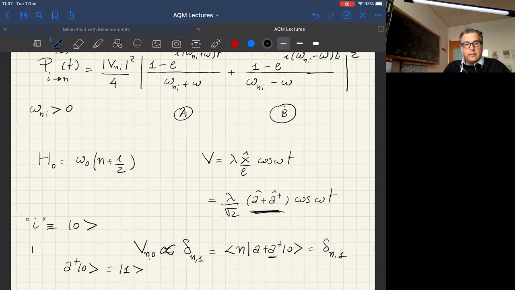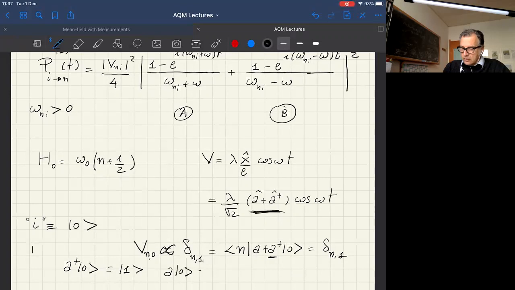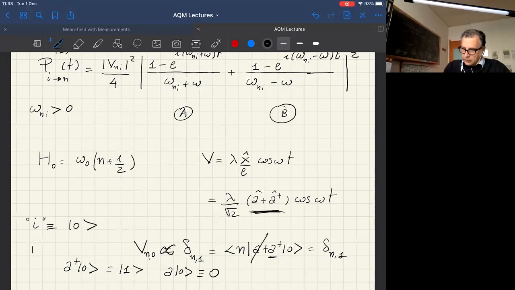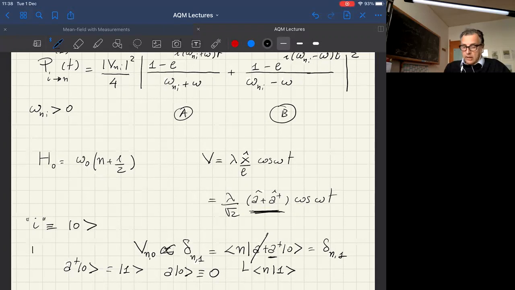So if you apply a creation operator to the 0 state, you go to the state 1. If you apply a to 0, you get 0, you annihilate the state. So this will not contribute. So you have a dagger to 0 is 1, so this becomes n1. Okay, I get it now.